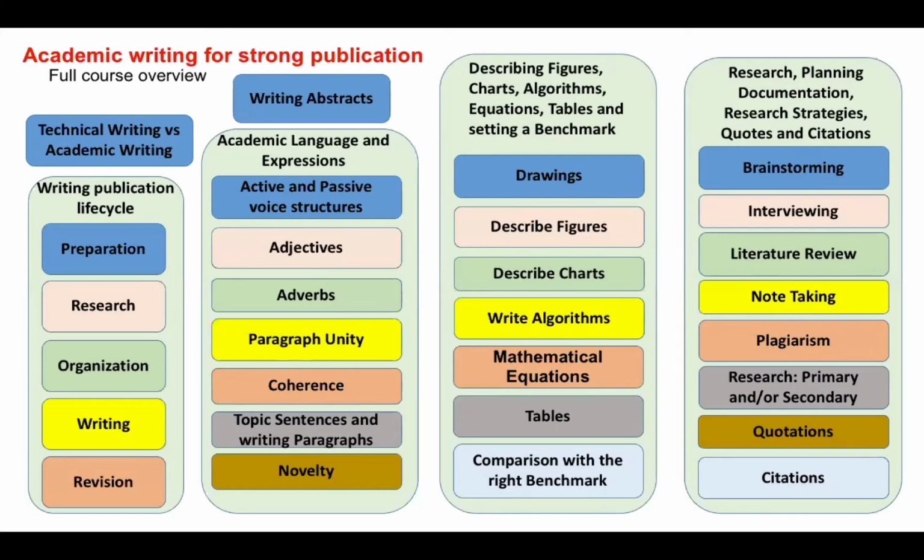Really valuable and important is to follow the rules of academic writing, starting by introducing active and passive voice structures. In academic writing, these are the most used grammar tenses in writing a paper.